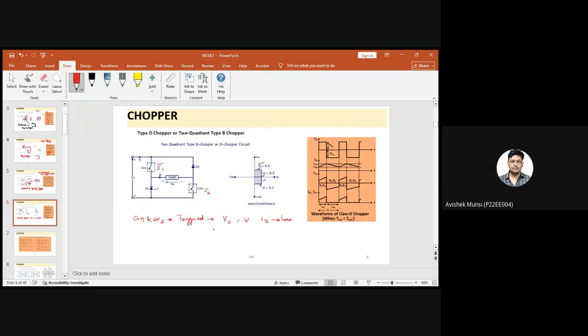Now when D1 and D2 are on, the inductor, which stored the energy across L, will bypass and go back through these diodes, and so we will get V0 equal to minus V. The average load voltage V0 here is positive if the chopper on time is more than the off time.